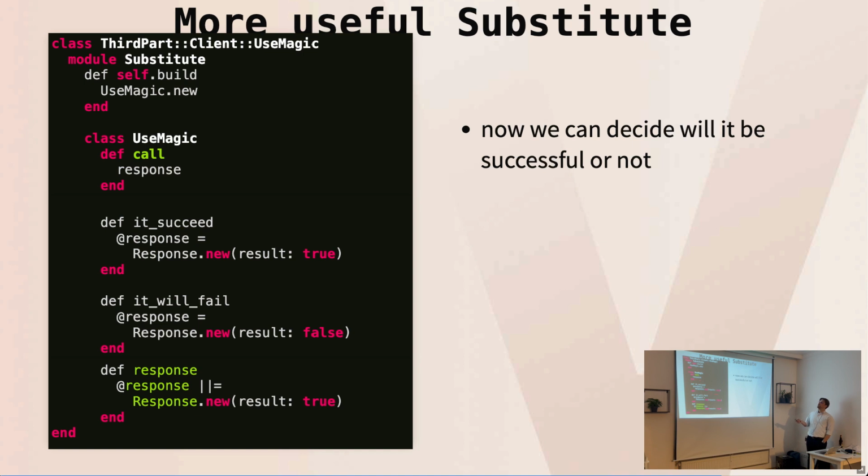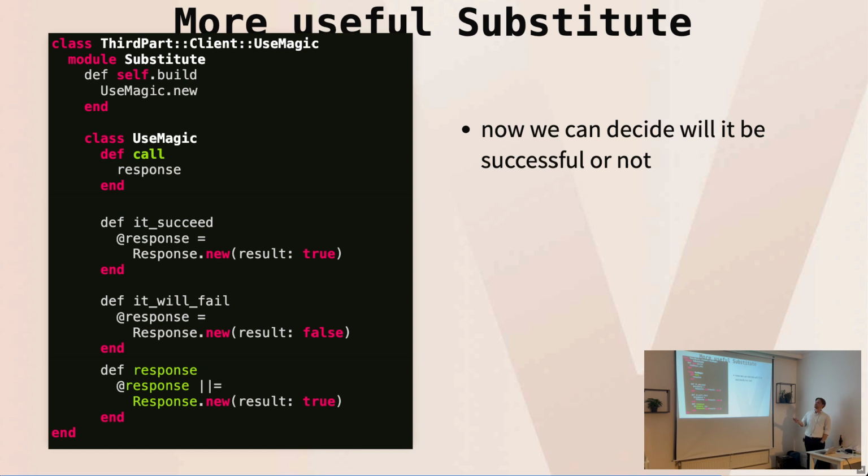Now, because we have these methods, succeed, and fail, probably I should say how it works. In general, the idea is that when we have an instance of our useMagic substitute and we call it, it returns a response, and the response has a default value. Very simple. If we want to change the behavior, we have two methods.